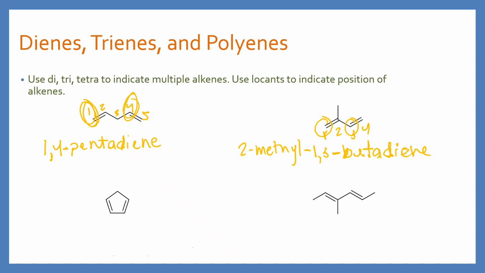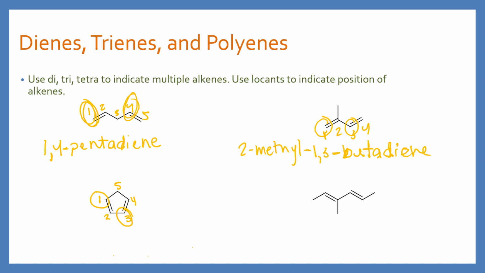Okay, in this next example, we don't have any substituents or anything, but it is cyclic. So we have 5 carbons, and the numbering has to start at the top of one of the alkenes. It wouldn't matter which one you chose. So let's go 1, 2, 3, 4, 5. So our numbers for our alkenes are going to be 1 and 3.